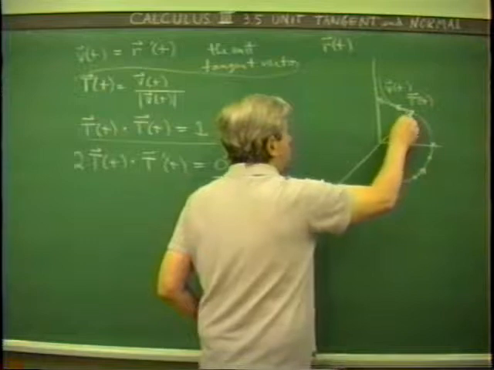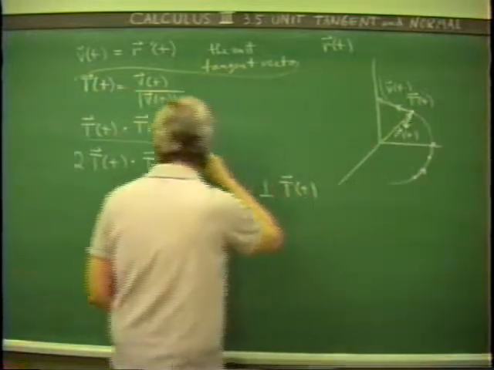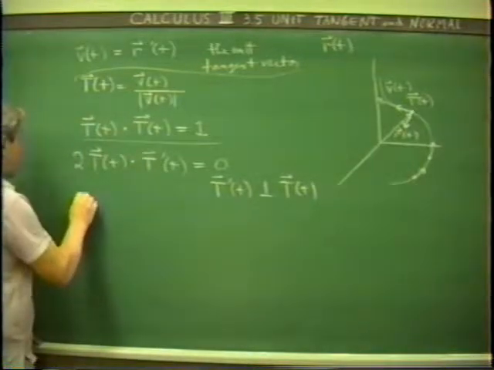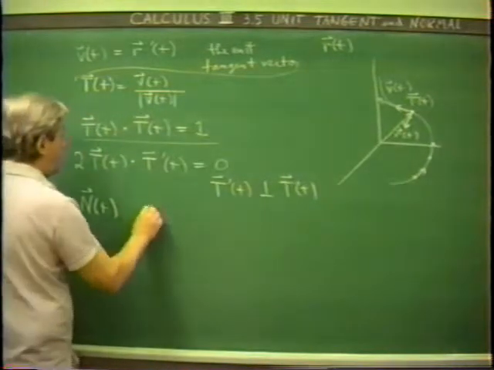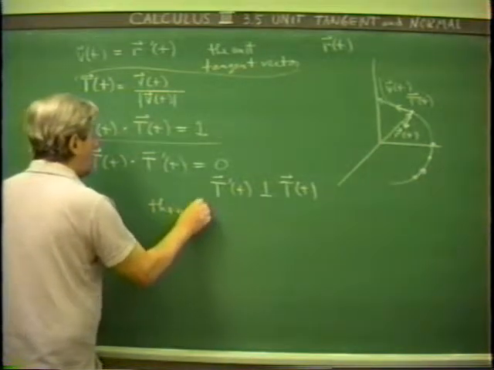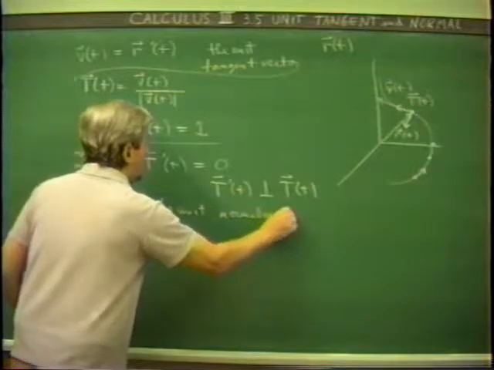We're going to use it to get a second vector here, which we're going to call N(t), the unit normal vector.